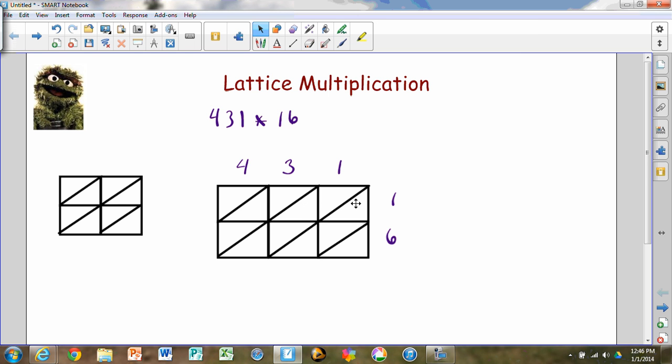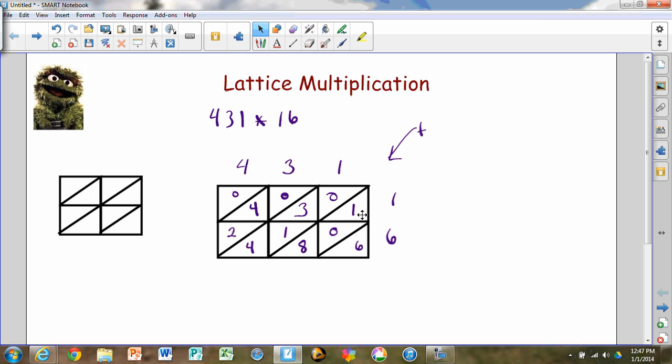And again, 4 times 1 is 0, 4. 3 times 1 is 0, 3. 1 times 1, 0, 1. 4 times 6 is 24. 3 times 6 is 18. And 1 times 6 is 0, 6. And now we need to add going this way again.